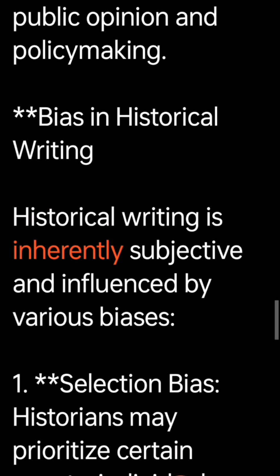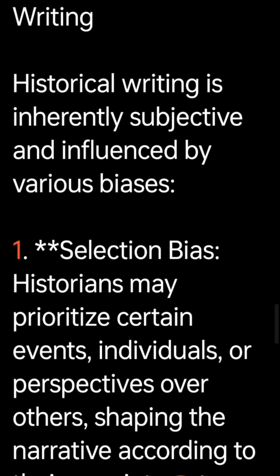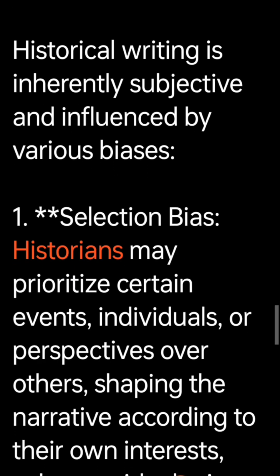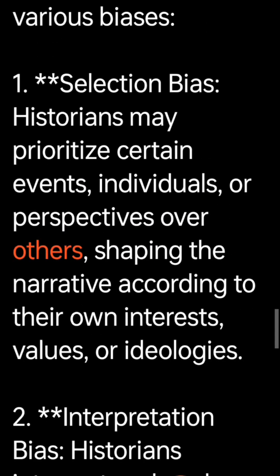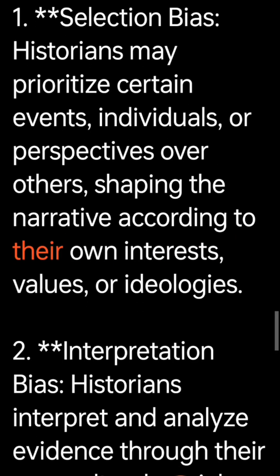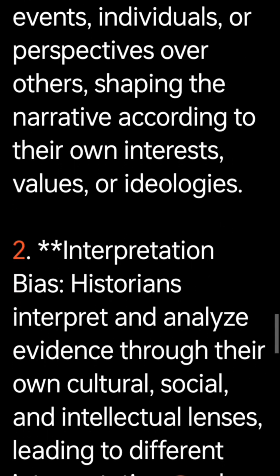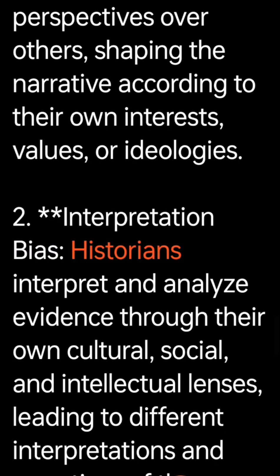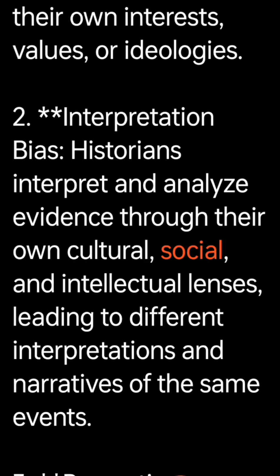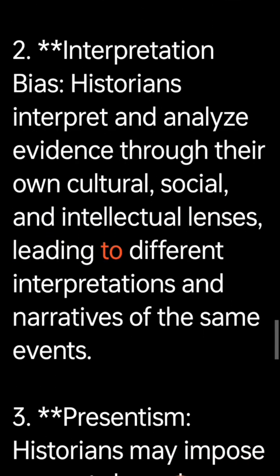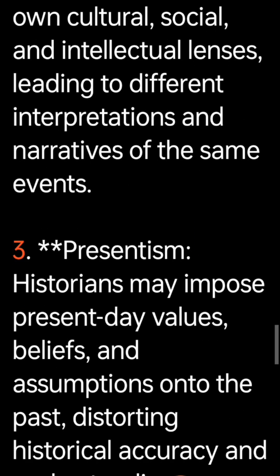Bias in historical writing. Historical writing is inherently subjective and influenced by various biases. 1. Selection bias. Historians may prioritize certain events, individuals, or perspectives over others, shaping the narrative according to their own interests, values, or ideologies. 2. Interpretation bias. Historians interpret and analyze evidence through their own cultural, social, and intellectual lenses, leading to different interpretations and narratives of the same events. 3.